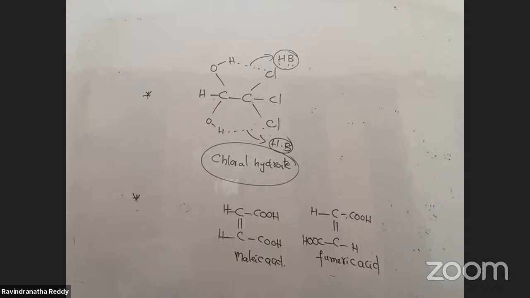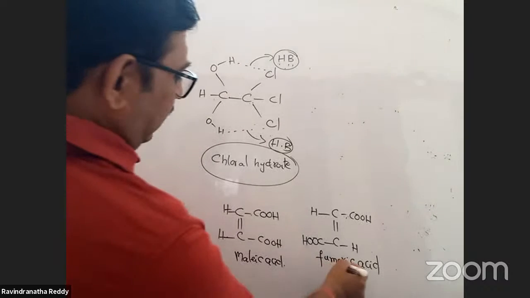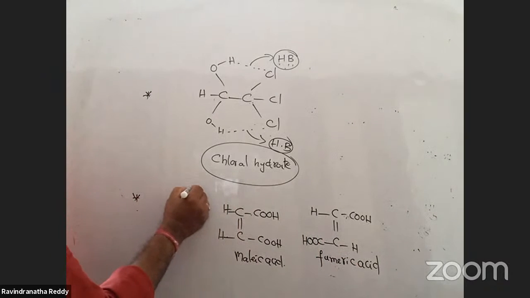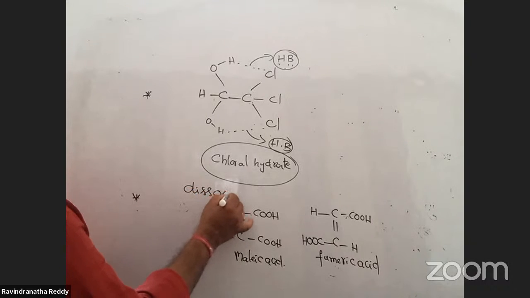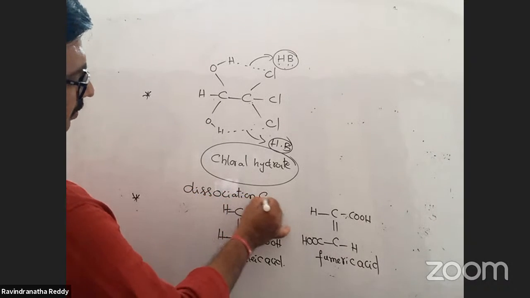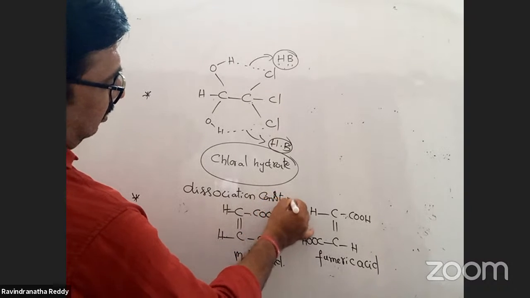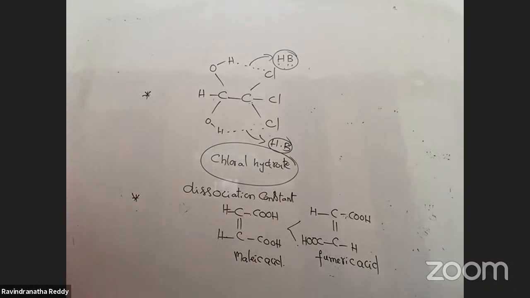Hydrogen bond possible is more stable. Compare the dissociation constant: fumaric acid is more.